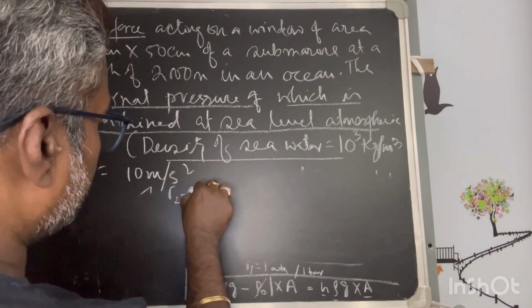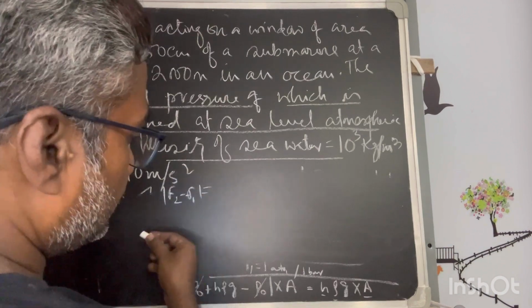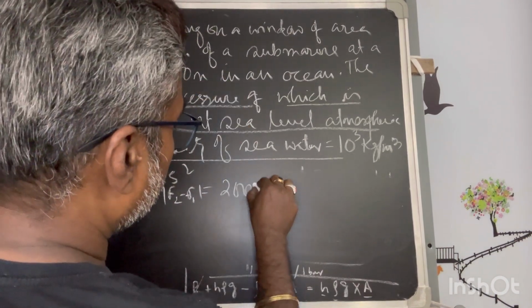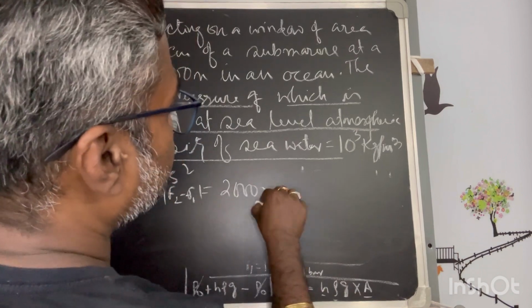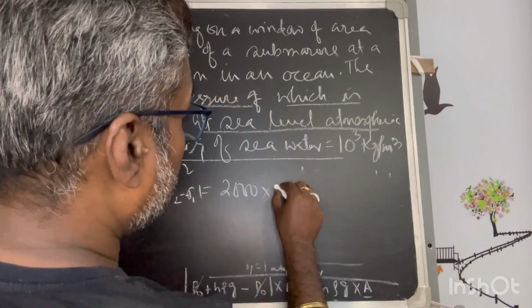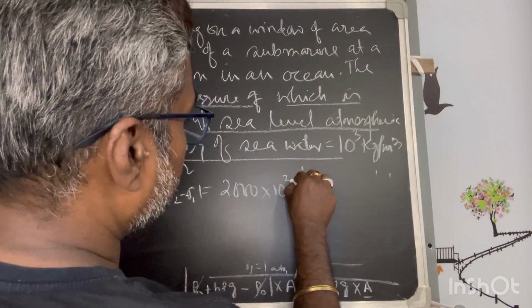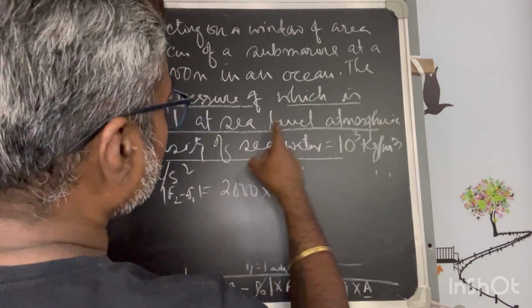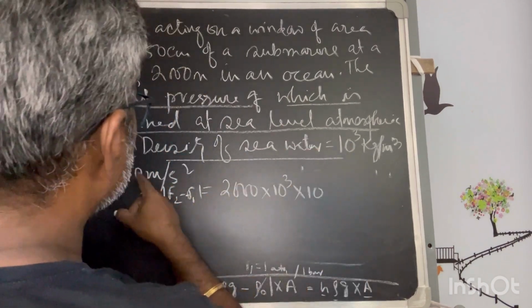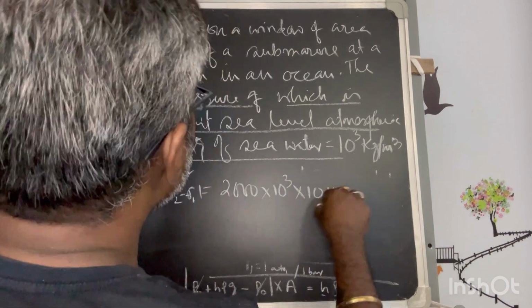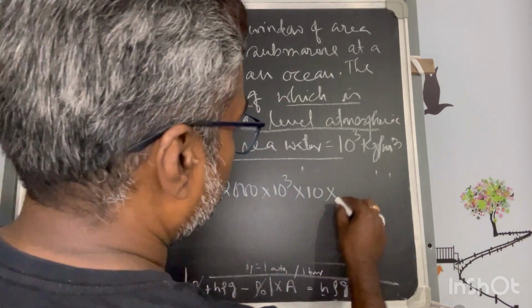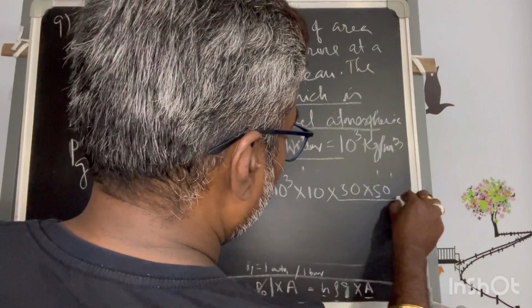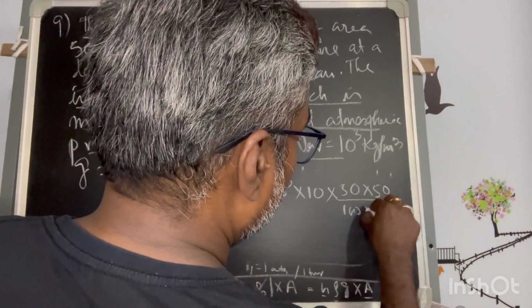I will rub it out for the space required to calculate the resultant force. F2 minus F1 is equal to, h is given in meter, 2000, and rho is also given in SI unit, no issue, 10 to the power 3, into g is 10, that also in SI unit. The cross section is given in centimeter, so I have to make it in SI unit.